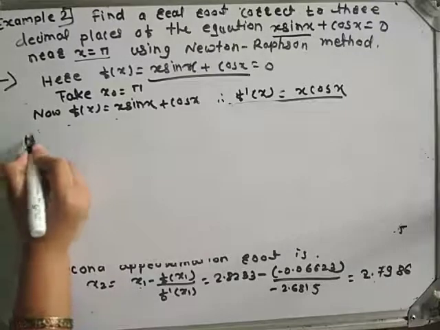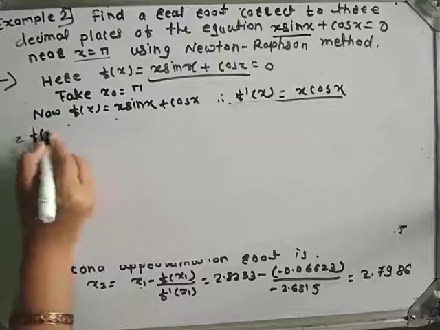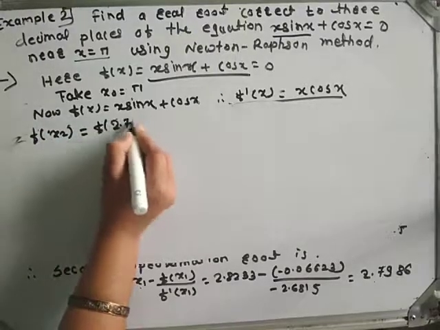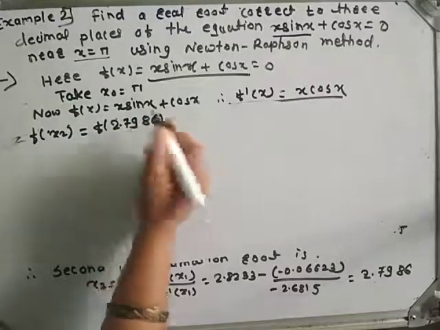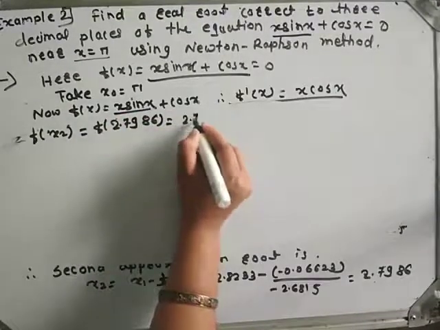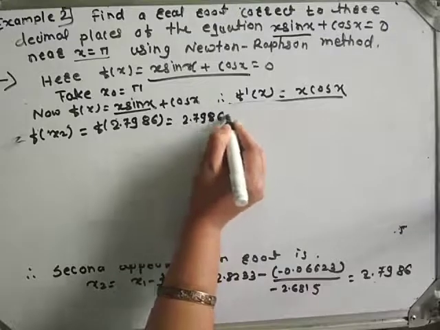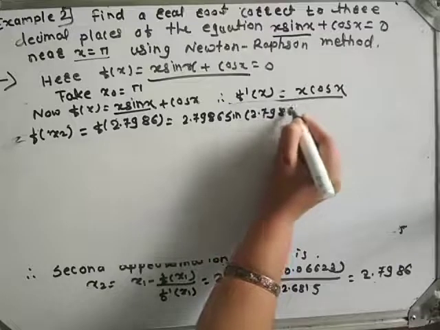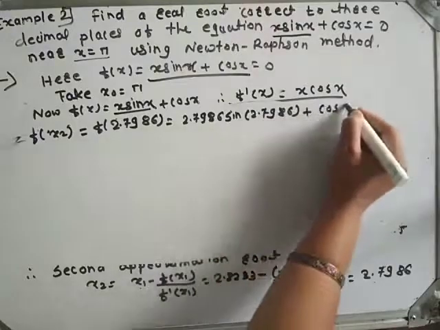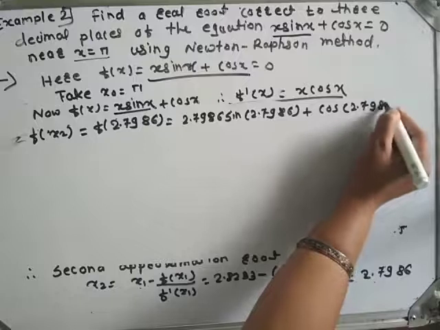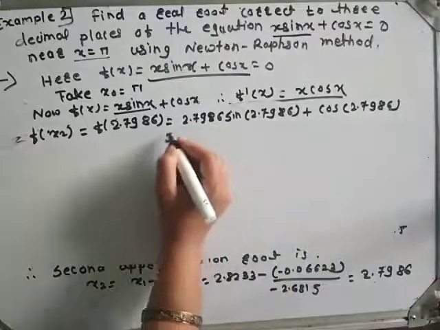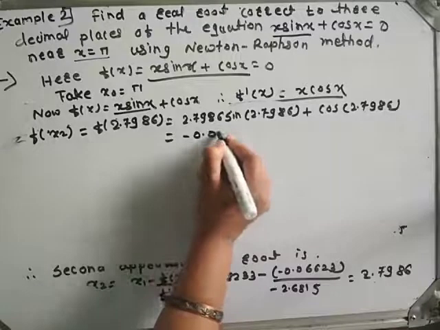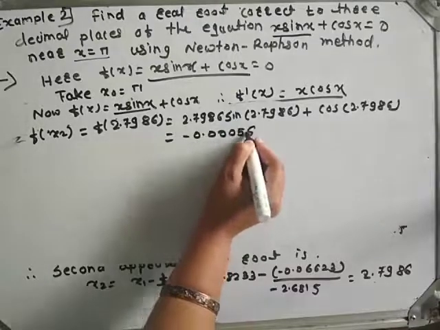Now we have to find f of x2, which is f of 2.7986, which is equals to 2.7986 into sine 2.7986 plus cos 2.7986, which is equals to minus 0.0056.